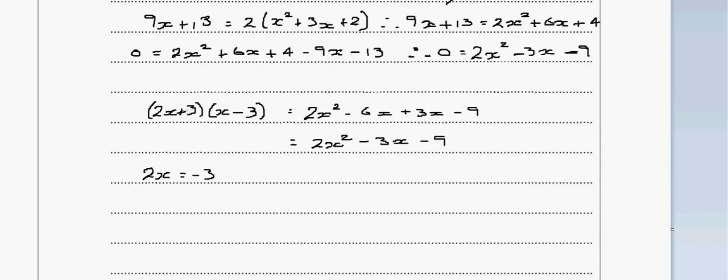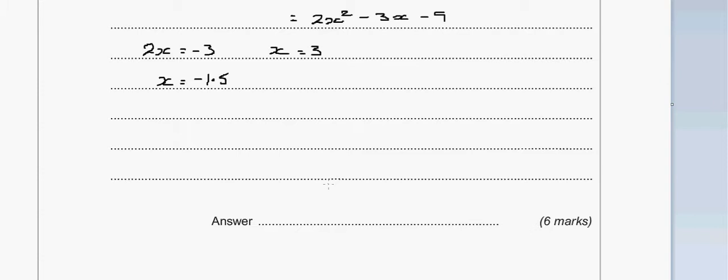Remember, we take the number and change the sign, so x must equal minus 1.5, and then here x will equal 3 because we take the number and change the sign. So our final answers are x equals minus 1.5 and x equals 3.